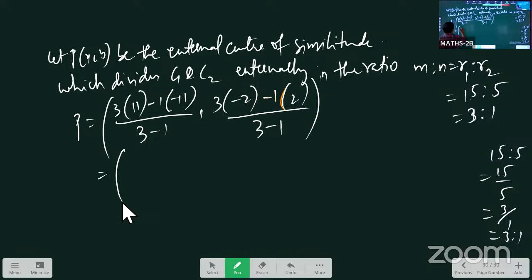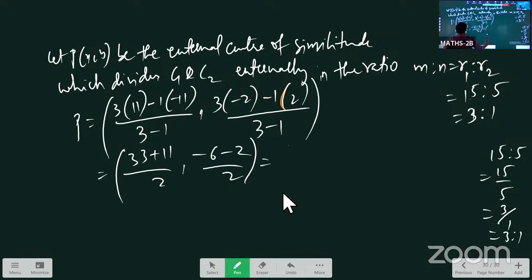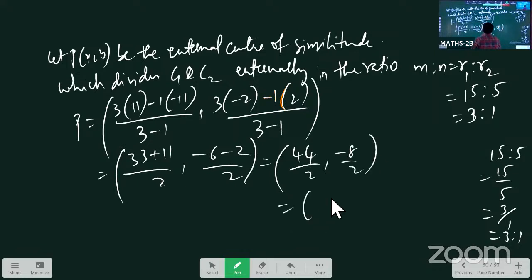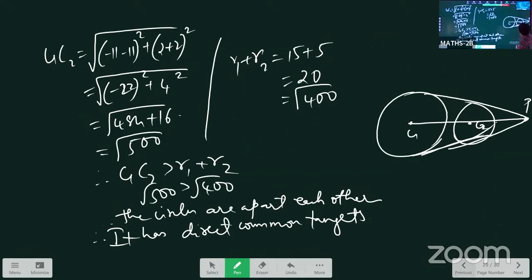On simplifying, (33 plus 11) by 2, comma (minus 6 minus 2) by 2. 33 plus 11 is 44 by 2, comma minus 8 by 2, which is 22 comma minus 4. It means the external center of similitude, I got it as 22 comma minus 4.